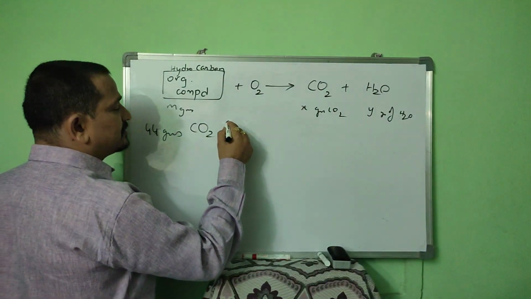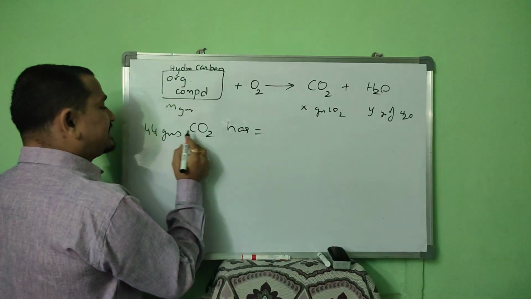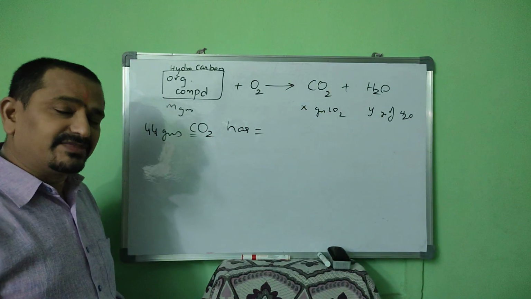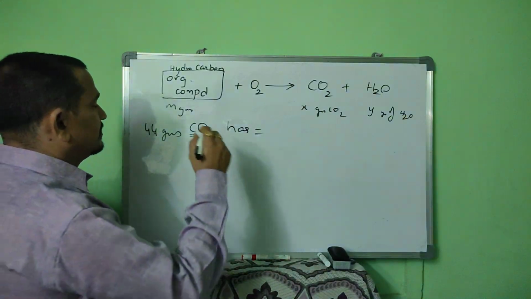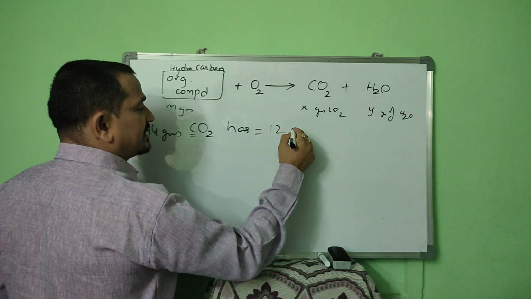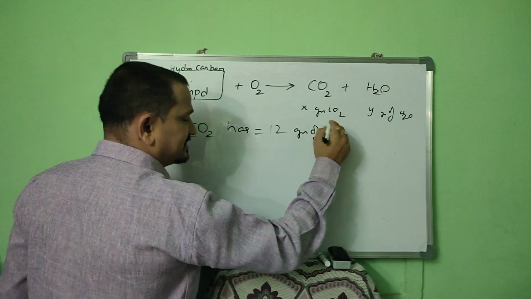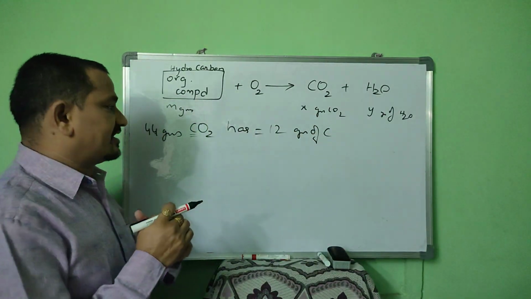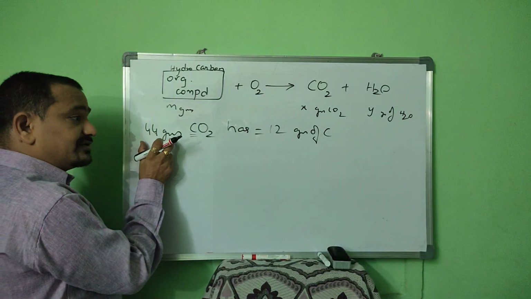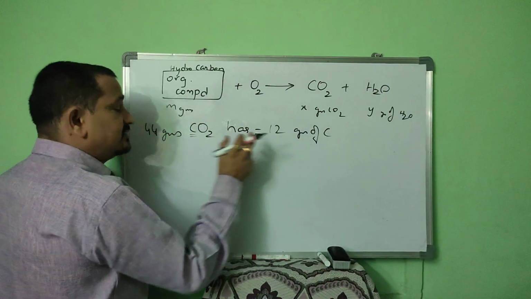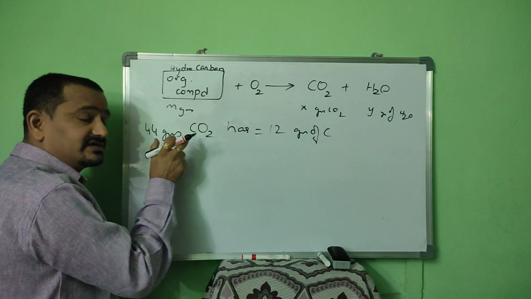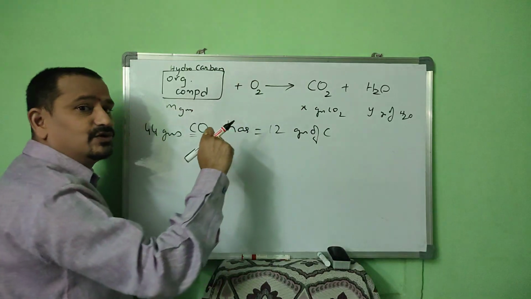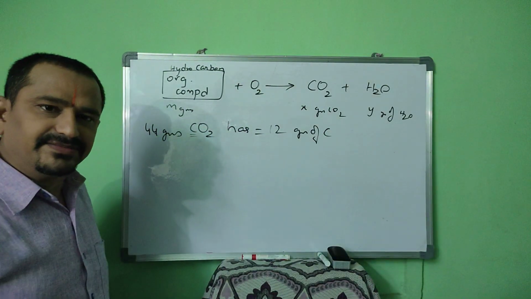44 grams of CO2 has how many grams of carbon? 44 grams of CO2 has 12 grams of carbon. Yes, correct. When every 44 grams has 12 grams of carbon, then the x grams of CO2 obtained has how many grams of carbon?